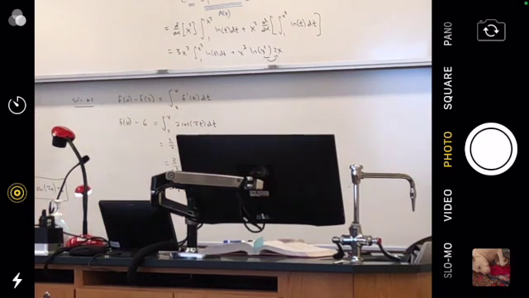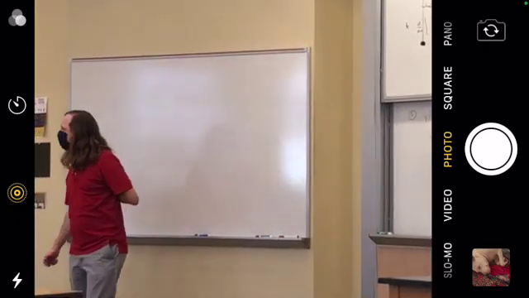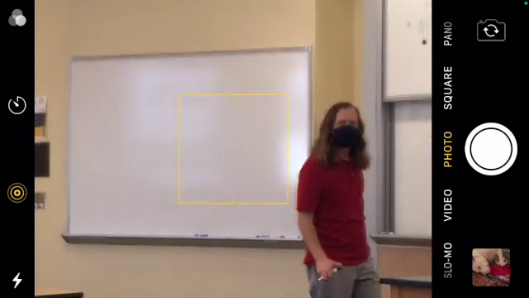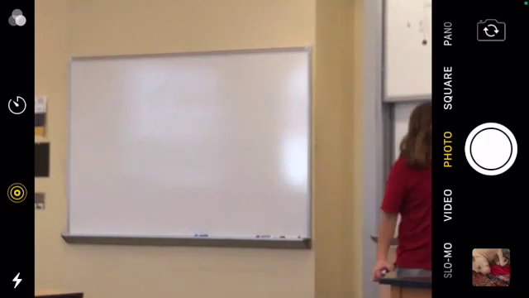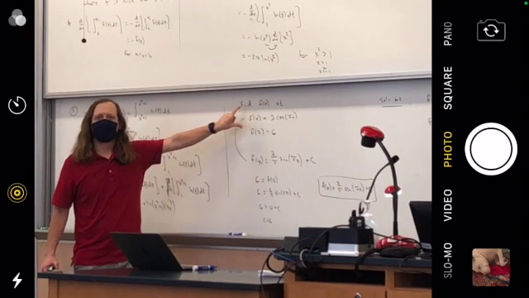So then what happens? What was my goal? I wanted to find a function f of x where both of these are satisfied. So now how do I find f of x when I did it this way?